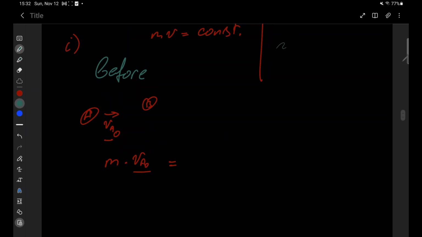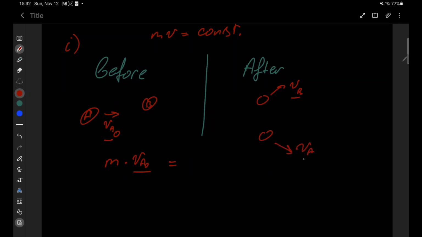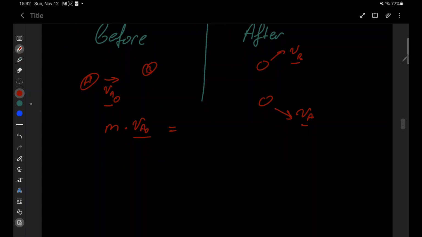Now let's look at the after. What do we have now? We have that B is moving at some velocity VB, which is a vector, and that A is moving at some velocity VA. We don't have to write the angles here.